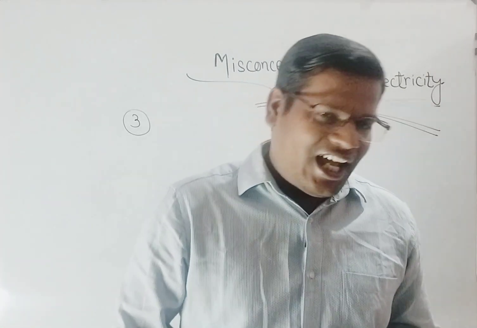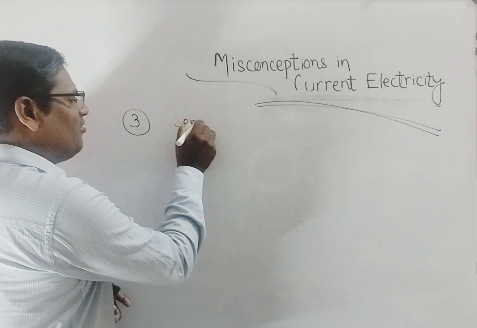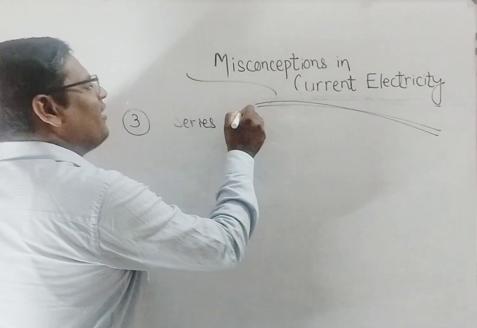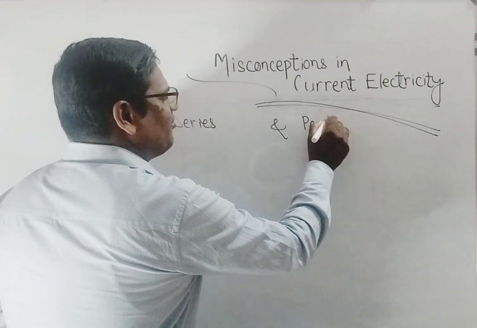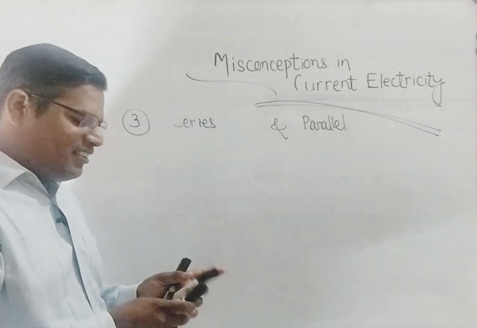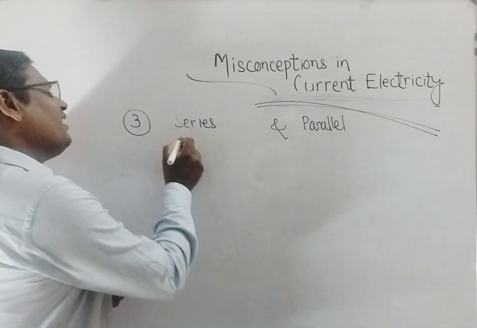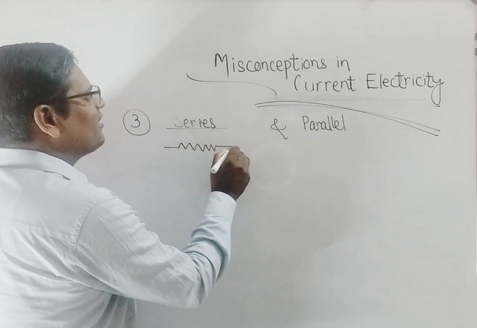So when I am talking of series and parallel connection, what do we mean in physics? So in series connection, the same current flows through all the resistors.